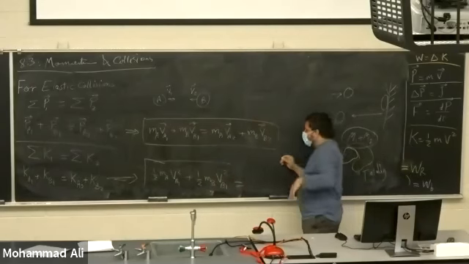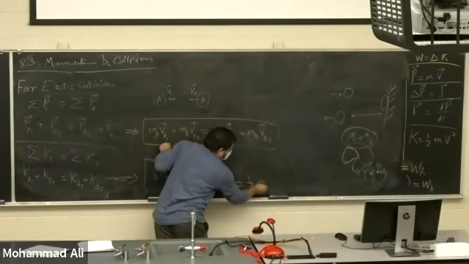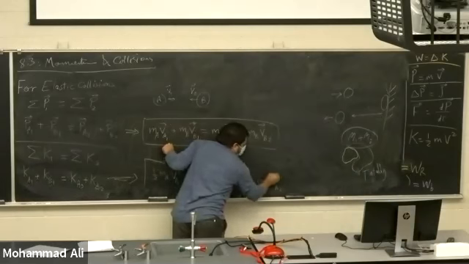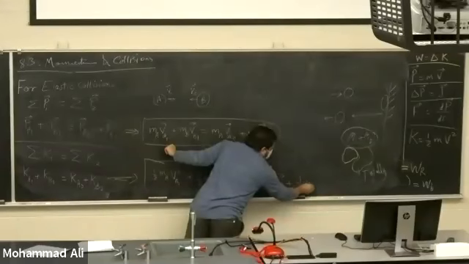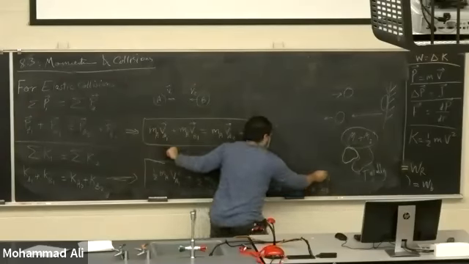This is for elastic. 1/2 MA VA later squared plus 1/2 MB VB later squared.